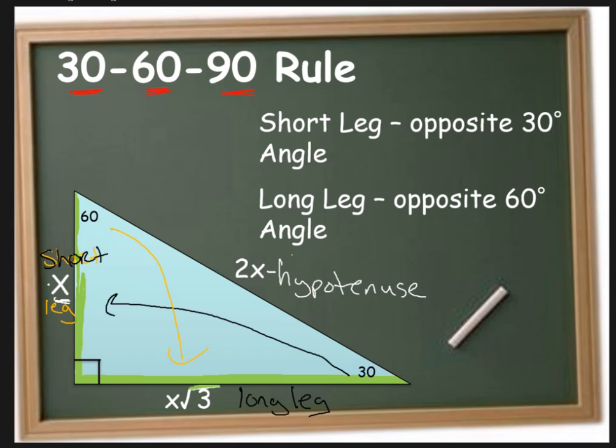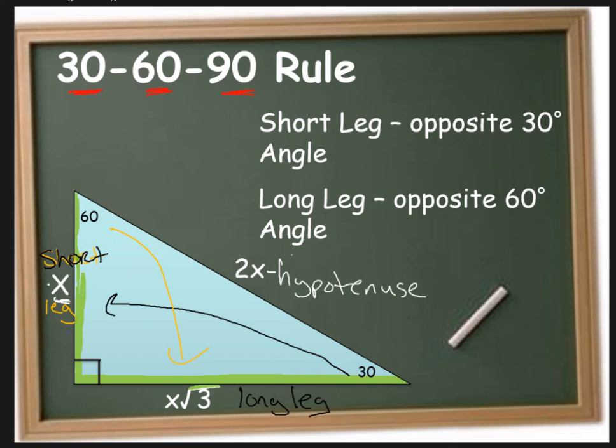Obviously the 30, 60, 90 is a little bit more challenging than the 45. The only reason is that in the 45, 45, 90, two of the sides are congruent. In this case, we don't have any congruent angles, so we don't have any congruent sides. So in that regard, it's a little bit harder.